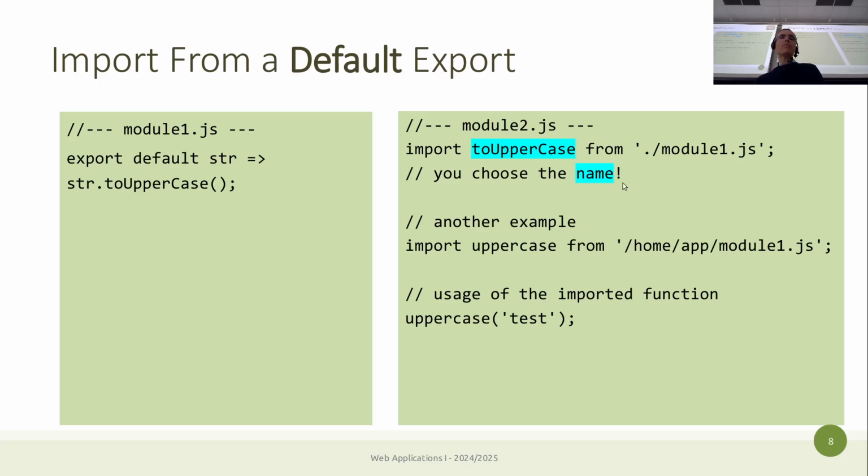This name is chosen by me, that I write, the module 2, and so I decide what's the name of the default that I'm importing, okay? Because the default has no name, basically.